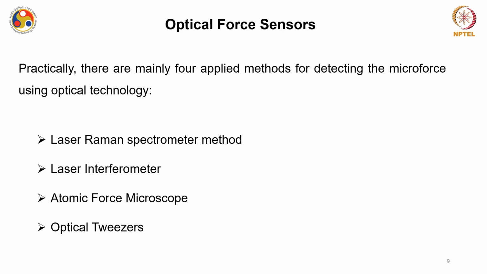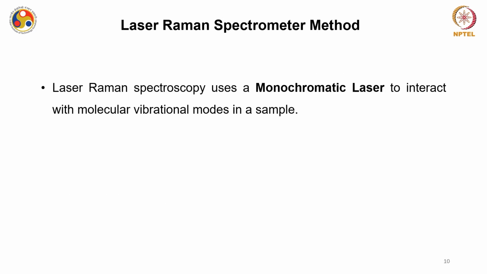Then we have optical tweezers based force sensors, or sometimes you can extend it for pressure measurement also. These 4 techniques are very popular in force measurements. Let's discuss them very quickly before going to vision based force sensors.